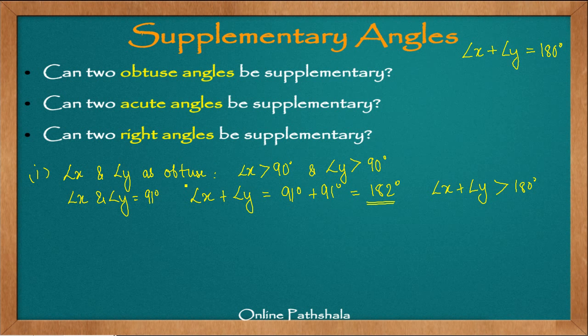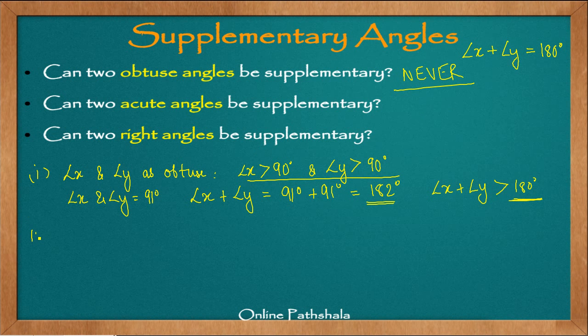What we have done is taken the smallest obtuse angles, and obtuse angles are greater than 90 degrees. If the smallest obtuse angles cannot be supplementary, then any two angles bigger than that will by default have a sum bigger than 180. Therefore two obtuse angles can never be supplementary angles. This case cannot happen at all.